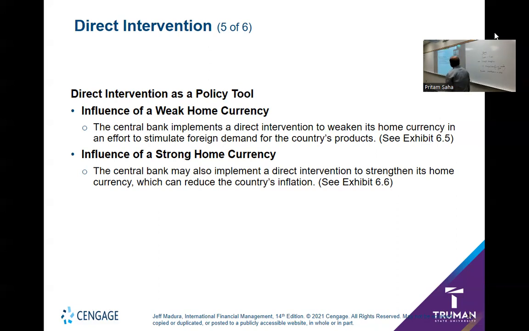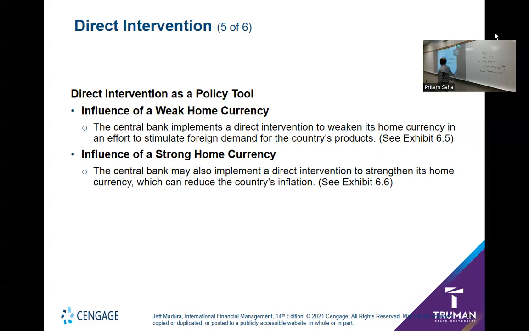So the idea is they can directly intervene for weaker home currency. There are some good things, more export, more money supply, but there are also some bad things because more money supply can increase inflation, right? Or can increase imports so that we are completely upsetting the benefit of home currency.